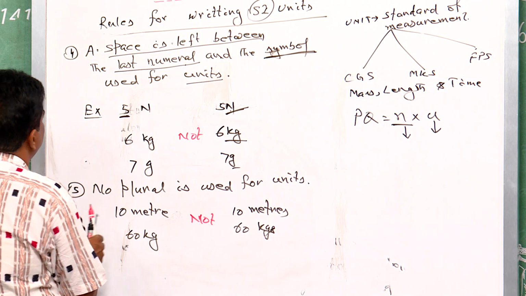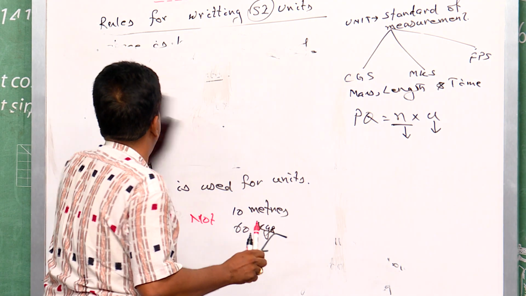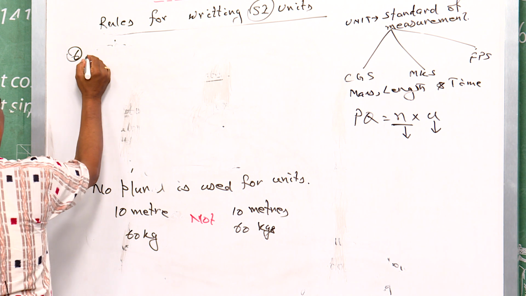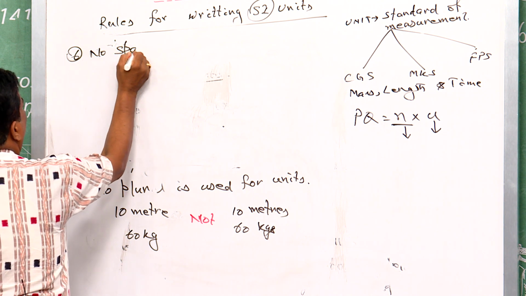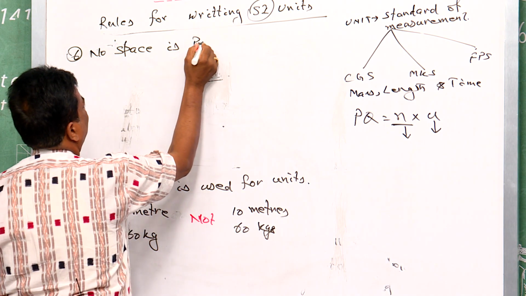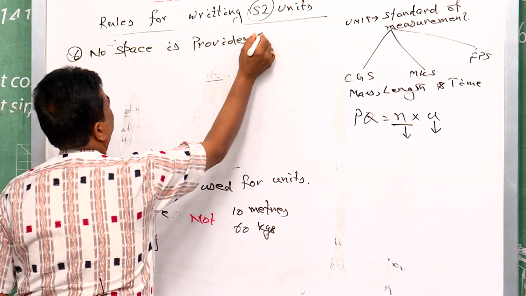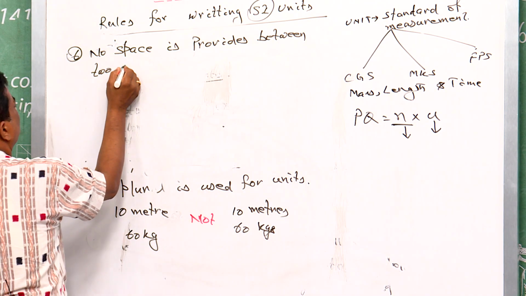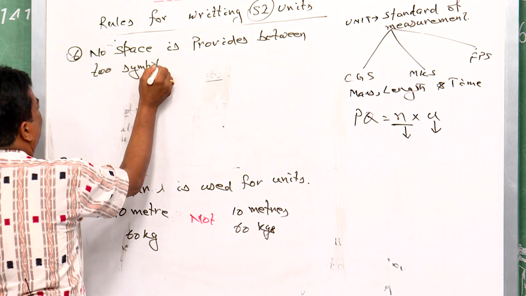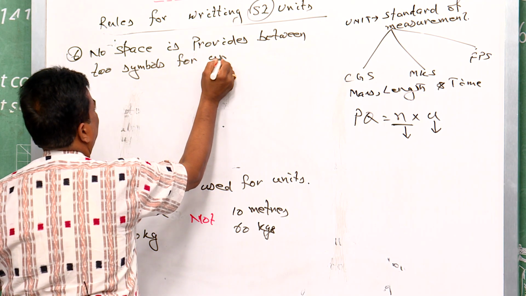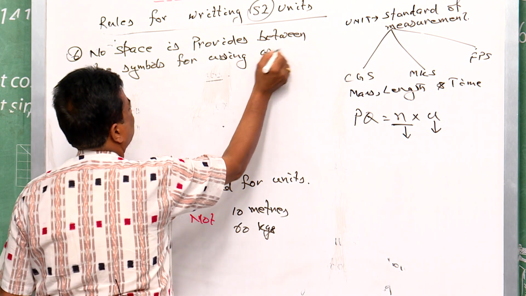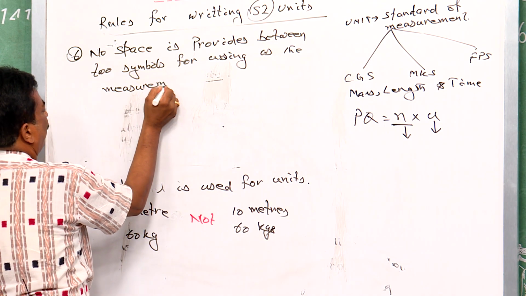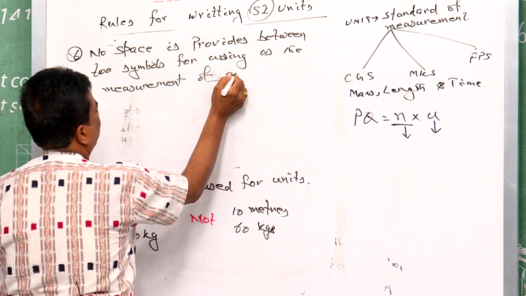Next we will go to the 6th point. For the 6th point, no space is provided between two symbols when using them as the measurement of any unit.